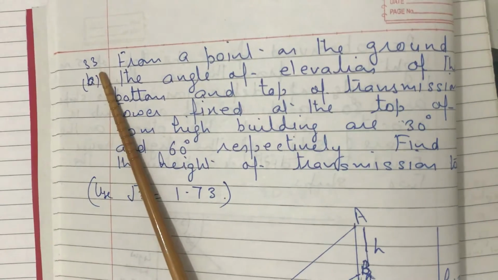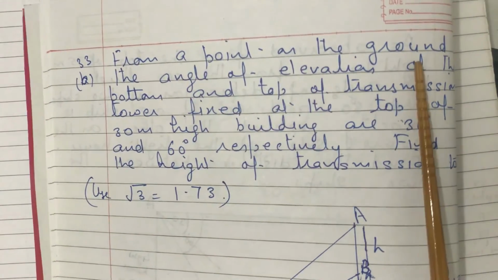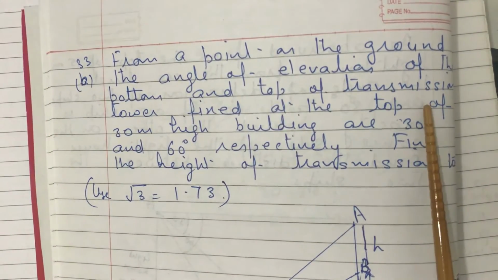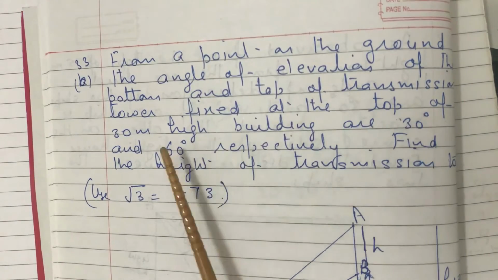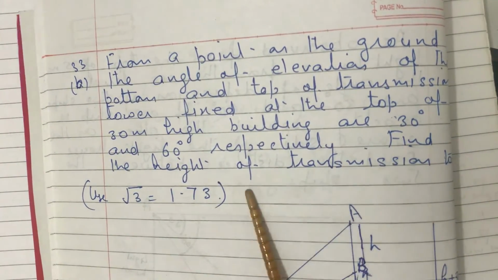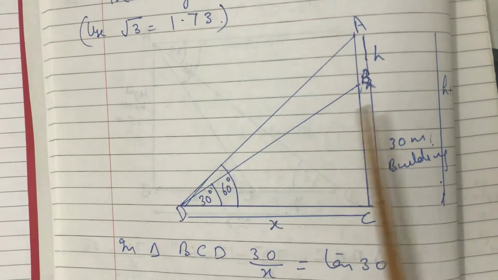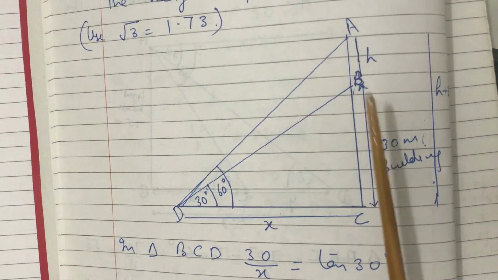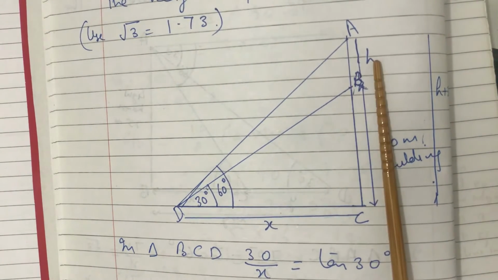Now question number 33, B part. From a point on the ground, the angles of elevation of the bottom and the top of a transmission tower fixed on the top of a 30-meter high building are 30 degrees and 60 degrees respectively. Find the height of the transmission tower. Now this is the figure. You can draw it. This height is 30 meters. Let this height AB be h meters.